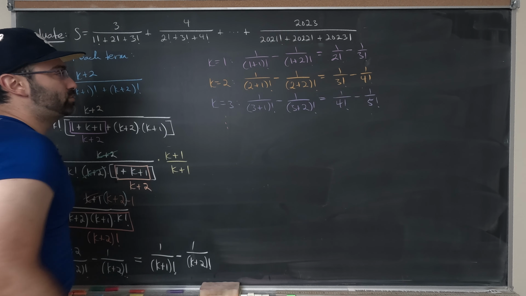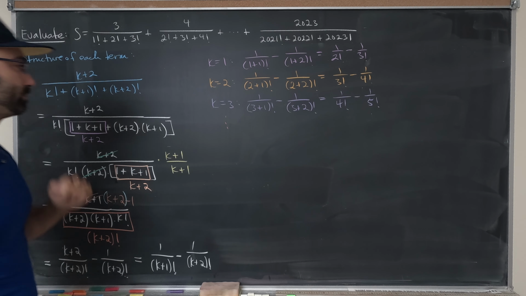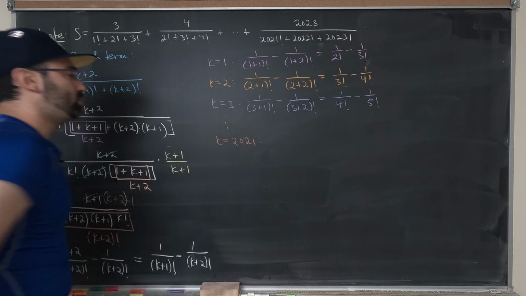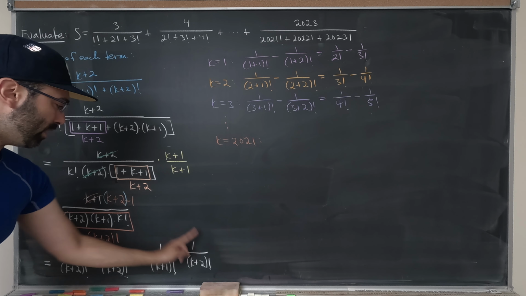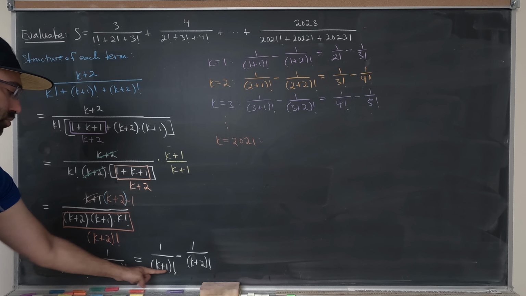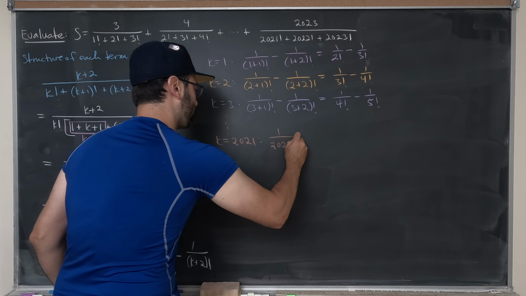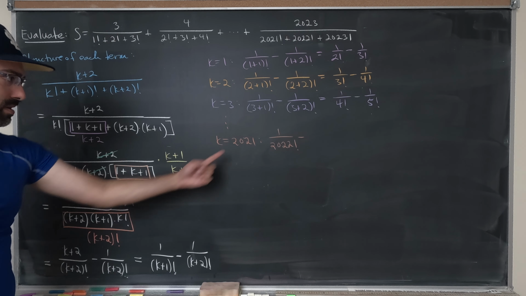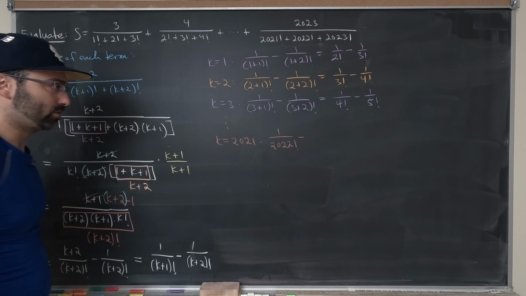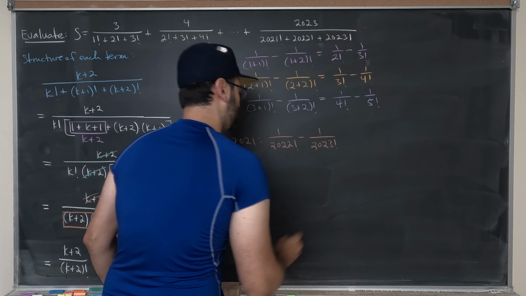And eventually we have to stop when this k value is 2021. So when k is 2021, writing it in this form, we have 1 over 2022 factorial minus 1 over 2023 factorial. Okay, good.